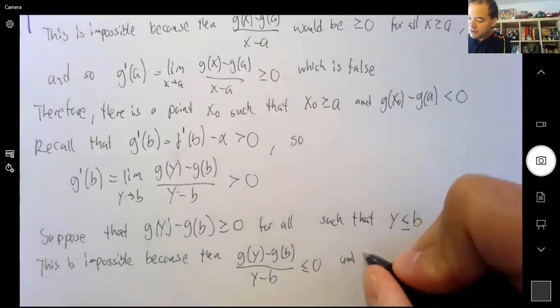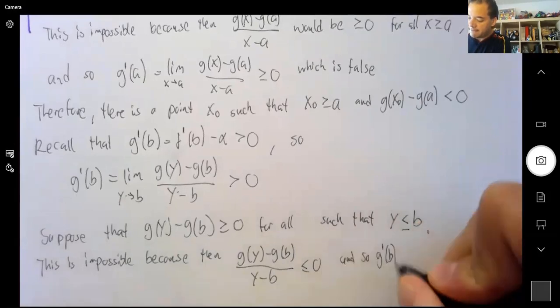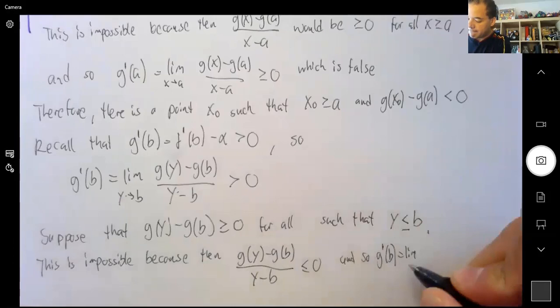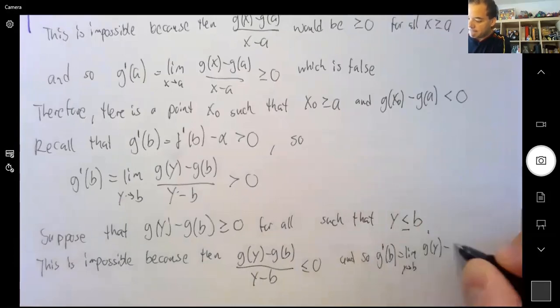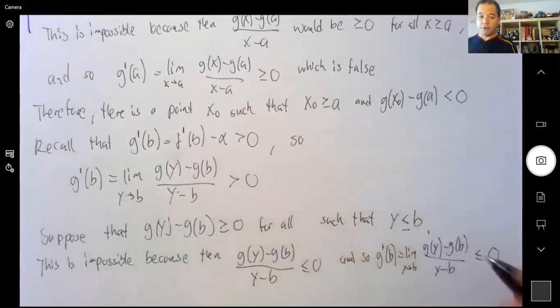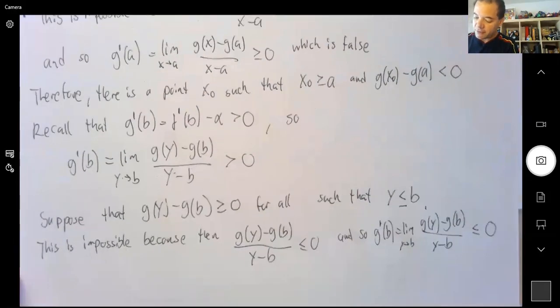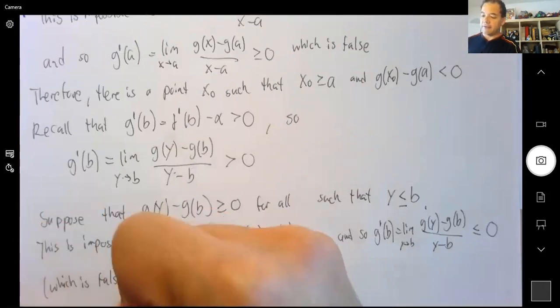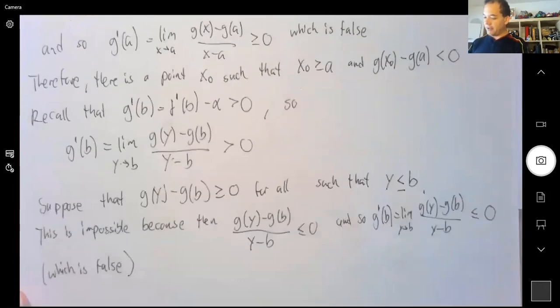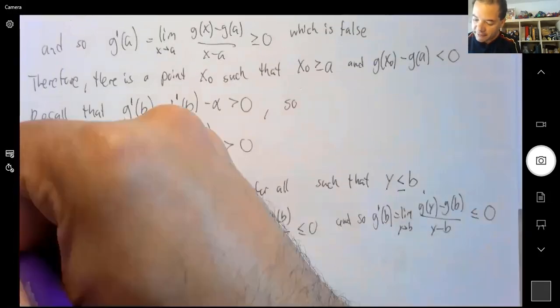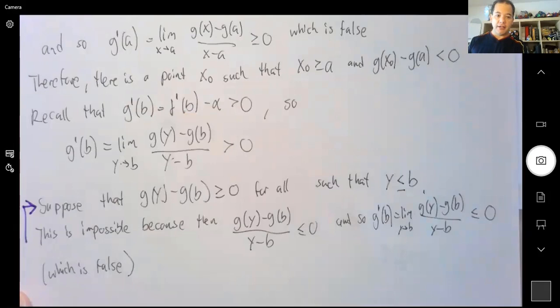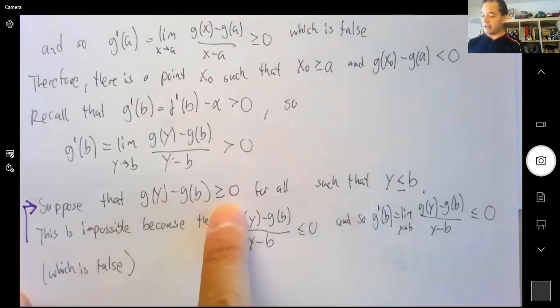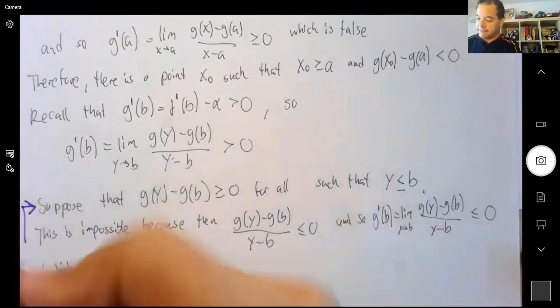And so g prime of b, which is the limit, will be negative, and that's false. So I'm just repeating the argument, and so that means this supposition again is wrong. Let me mark it. This one is wrong, and if that one is wrong, then that means this doesn't happen all the time. So there must be a point where the opposite happens.